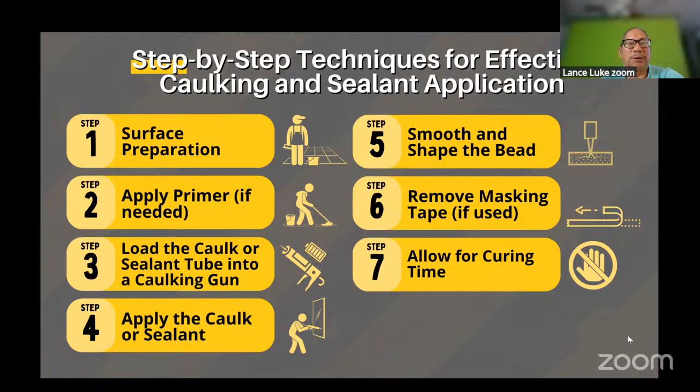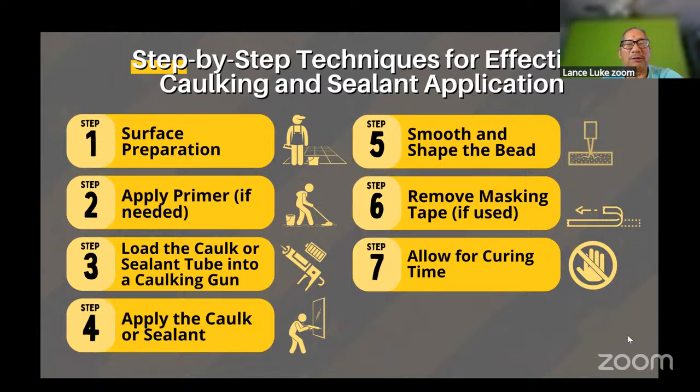If you're using the big caulking tubes, you load the caulk or sealant tube into the caulking gun, and then you apply the caulk or sealant. Now, here's something. The tip of the caulking gun is normally plastic, and they have all these lines. Don't cut the tip off yet until you verify the width of the crack that you're going to caulk.